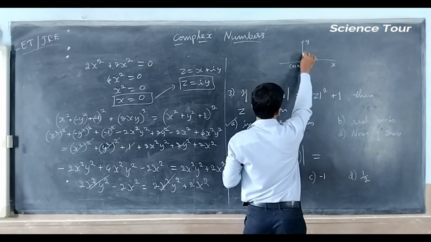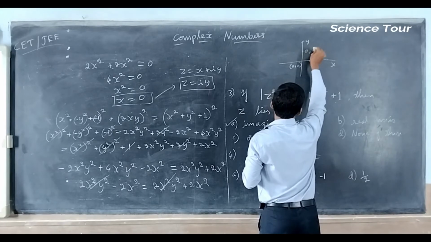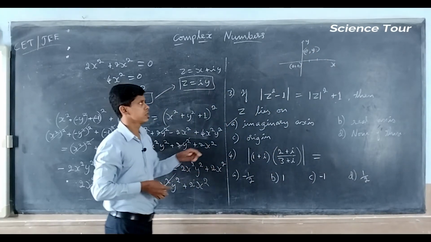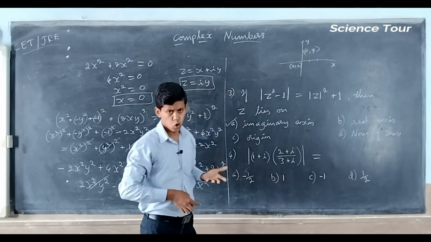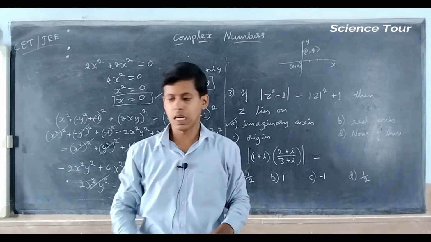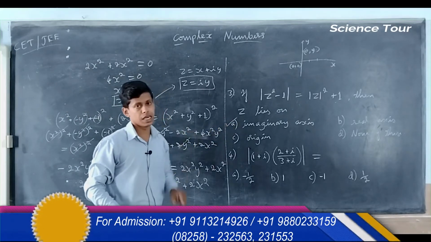But it is not. You have got somewhere here. Okay, anywhere. So it is 0, y. So it could be anywhere. The value of y is not known, therefore it can be anywhere on the imaginary axis, and that's the answer for your question number 3. So option A is the right choice.